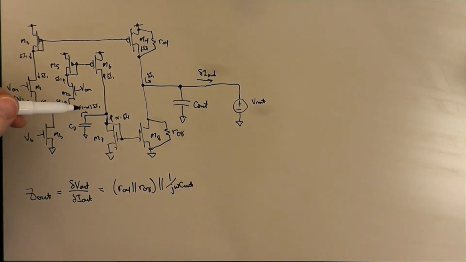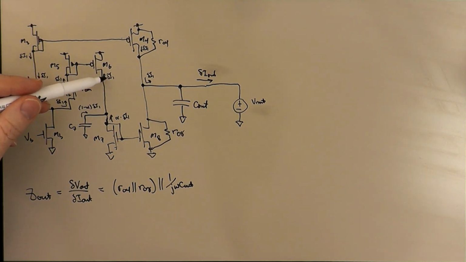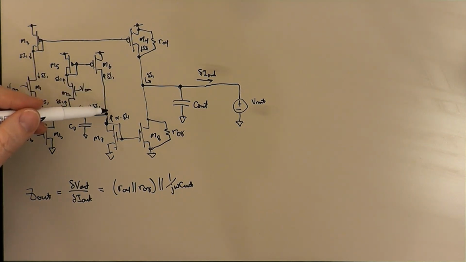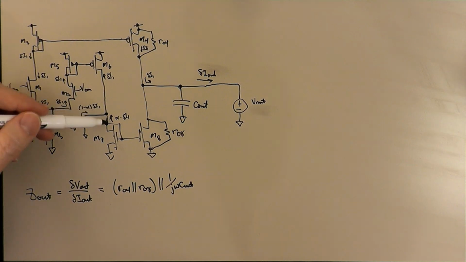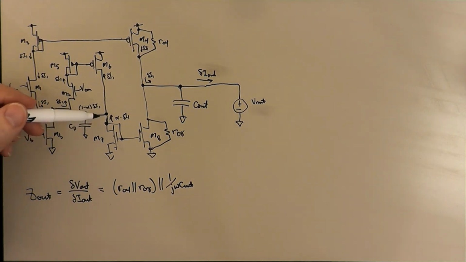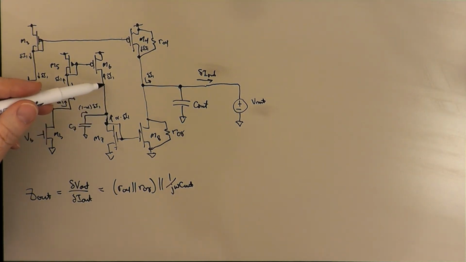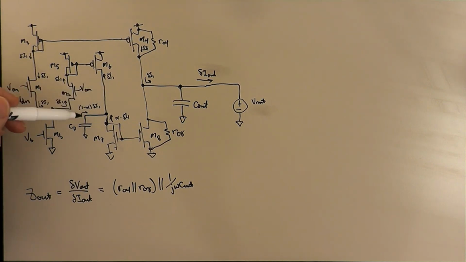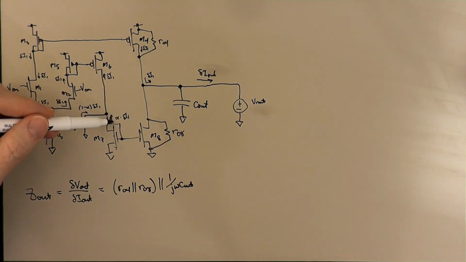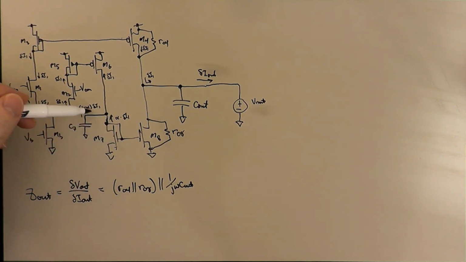Okay. It might be a little more intuitive if the current were being sourced onto this node, and some of it would go this way and some of it would go this way. If you like, we just have a negative input current, and so some of it's coming from here, some of it's coming from here, but we have only a fraction of it that's coming from M7, and some of it is being supplied by C7.